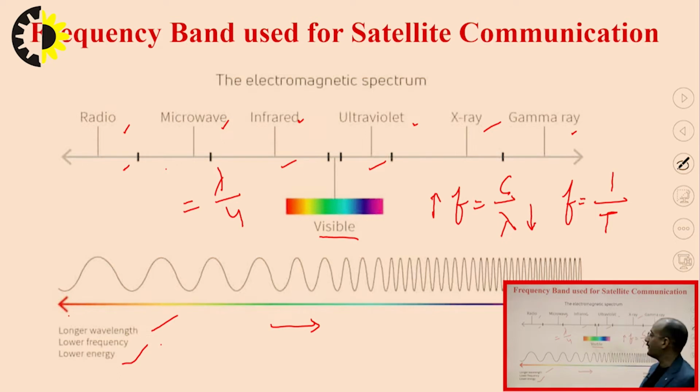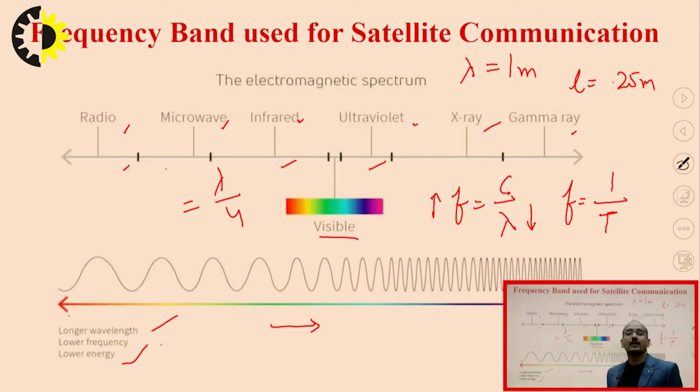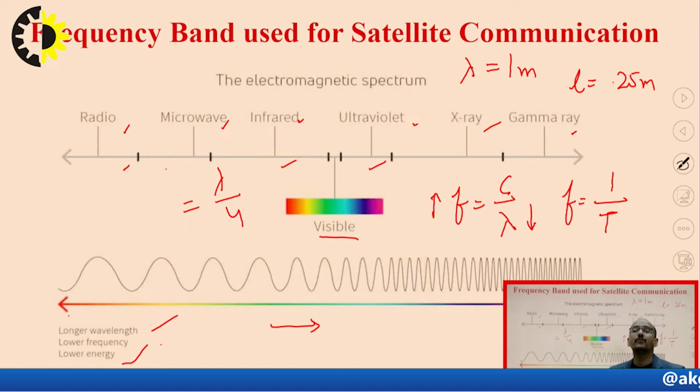It means if a signal has a wavelength of 1 meter, the length of the antenna for that frequency is 1 divided by 4, which is 0.25 meter. It means as frequency is increasing, the height of the antenna is decreasing. For high frequency, the length of the antenna is also very small.